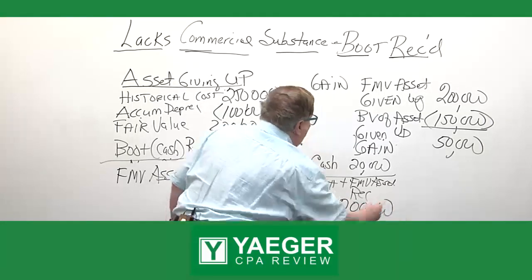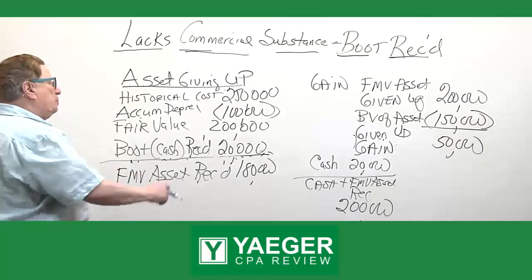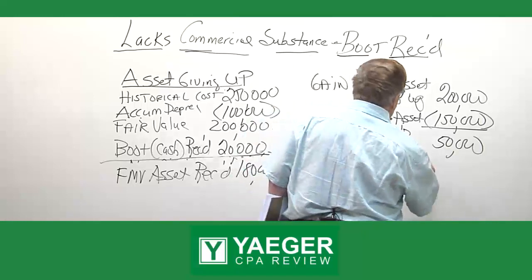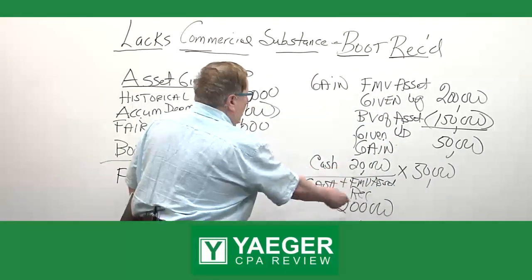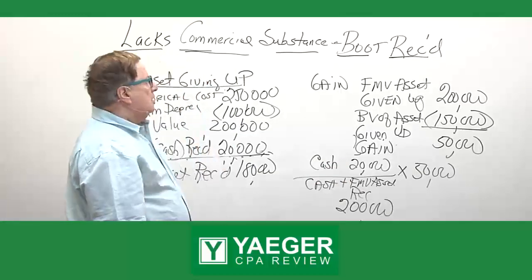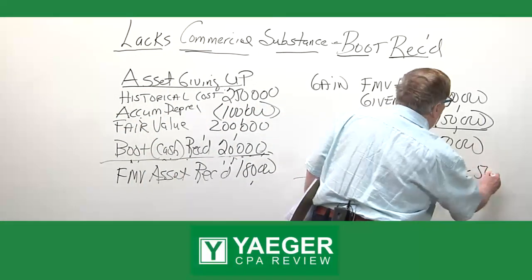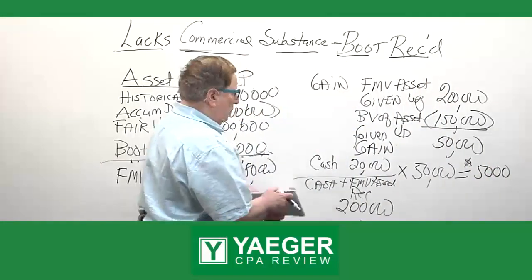Now, whatever the cash is to your total transaction, that's the proration of the gain that's recognized. So I multiply this by $50,000, the gain. 20 over 200 is 10%. 10% of the gain is recognized, and how much is that? $5,000. And the rest of the gain is deferred.